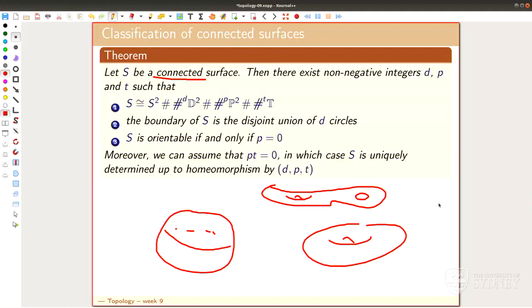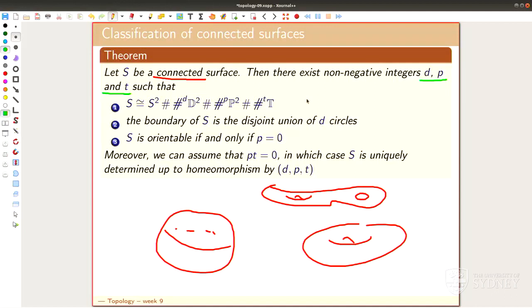But anyway, here's my prime number decomposition. Then there exist numbers D, P, and T, indexing disks, projective planes, and tori, such that our surface is actually just a sphere, and then hash it with D disks. So we put in D holes, with P projective planes, or with T tori.